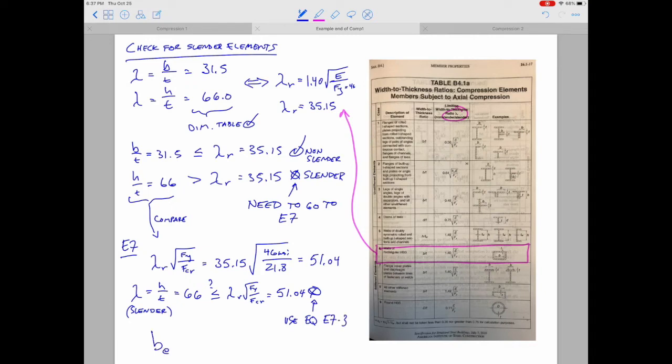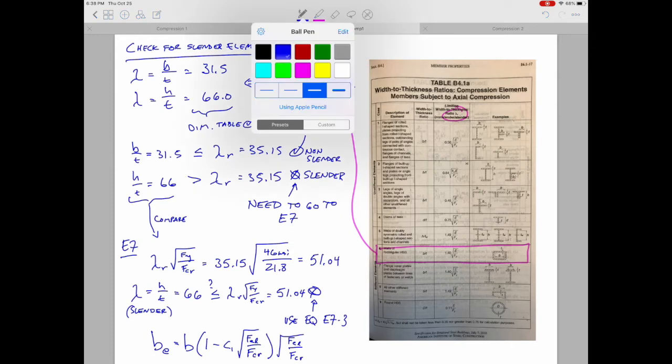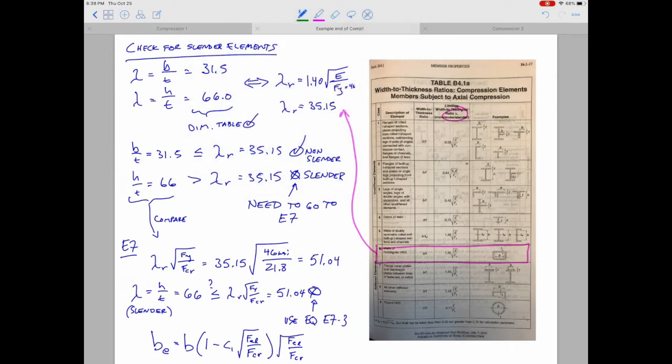So b effective is equal to b times 1 minus c1 square root F elastic over F critical, times square root F elastic over F critical. Now I've said that with some emphasis, right? This F elastic, this is the elastic buckling stress of the plate.